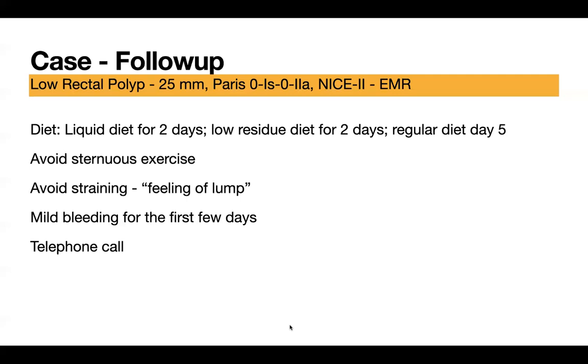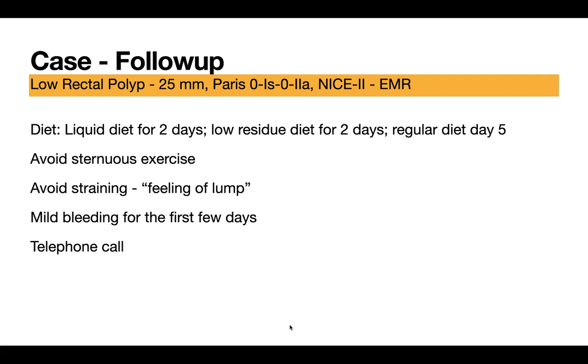So it's very important, once you do a resection like this, very low in the rectum, before you see them for the procedure in the clinic, you have to mention to them the risk of bleeding. They will see blood in the stool for a few days, and you need to educate them about that.